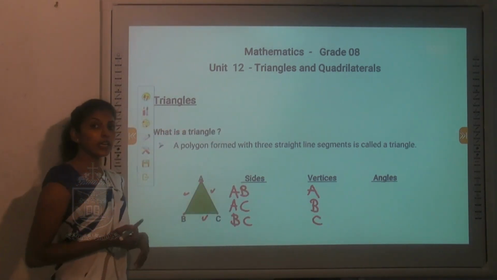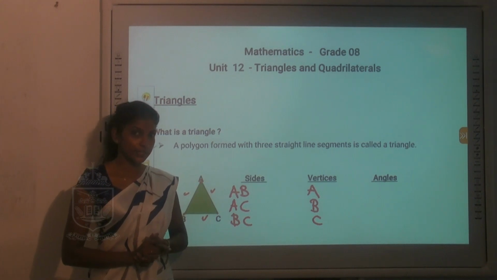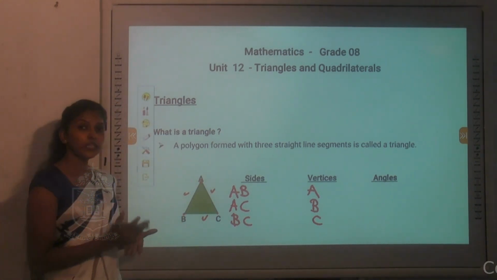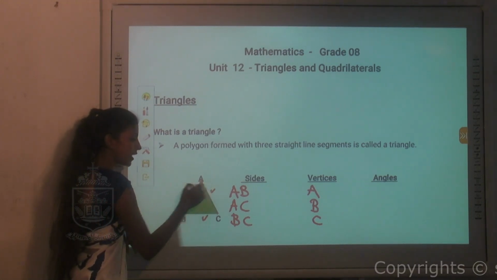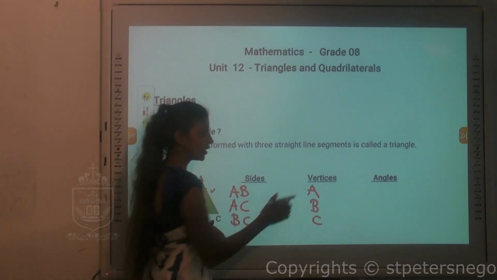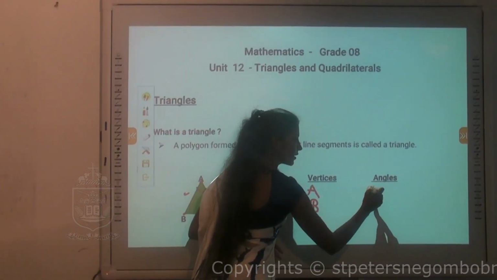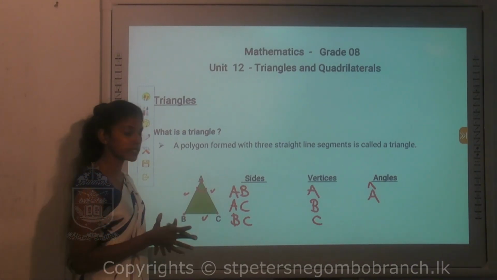And finally, how to name an angle. In a triangle, there are three interior angles. So when you are naming the three angles, first of all, let's think you are going to name this angle, which is angle A. There are two ways of naming the angle. You can denote it like this, A with this symbol of angle, or else there's another way of representing this.